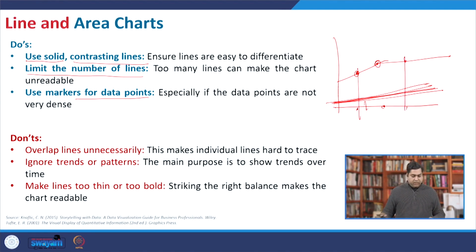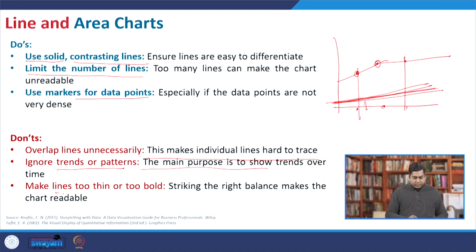Don'ts. Don't overlap lines unnecessarily, and that is definitely whenever you have data sets for different findings very close to each other. And please do not ignore the trend and pattern, because this is the main purpose of using this graph. So, you need to take care.